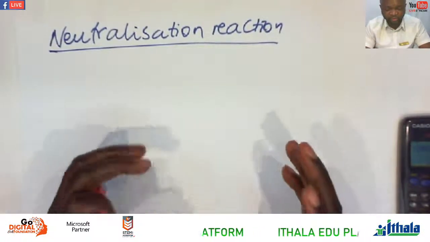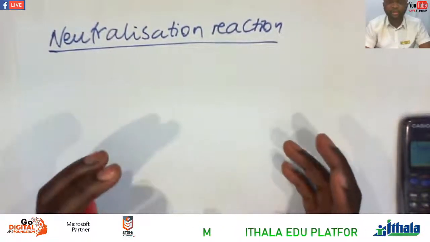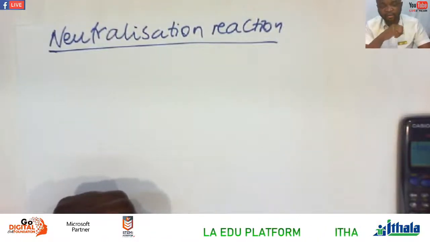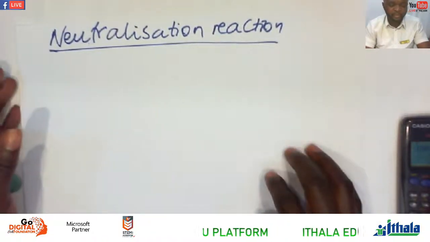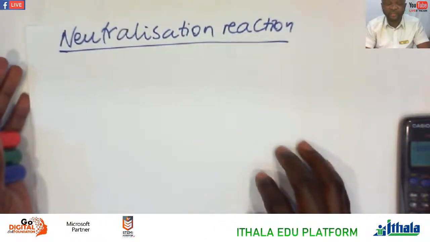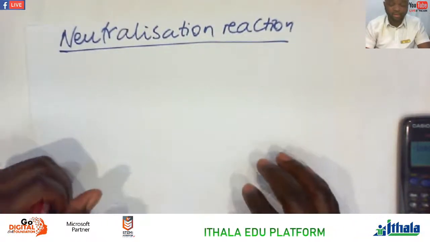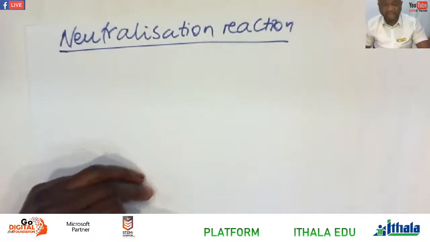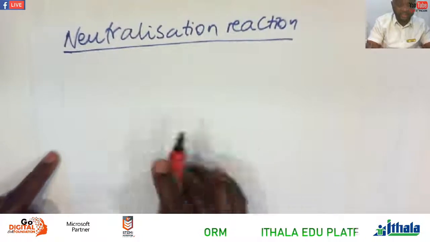So most of the time if you have a strong acid and a strong base, at the end your pH will be 7. Remember, at a pH of 7 the solution is neutral.